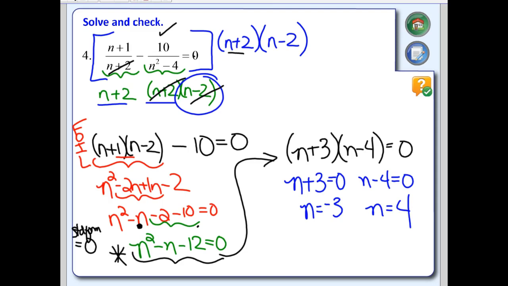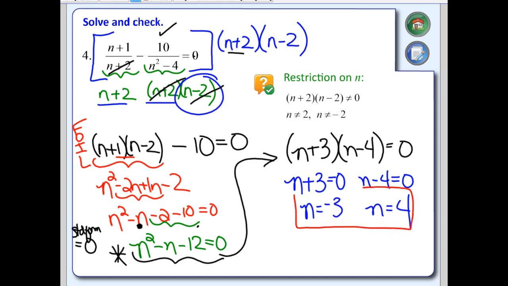And now, because we have letters in the denominator, we need restrictions as well. So I took my denominator, made it not equal 0, so n cannot be 2 or -2. So my answers are this, and then my restrictions are this. n cannot equal 2, n cannot equal -2.